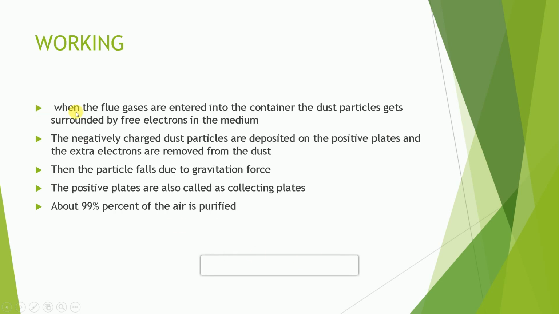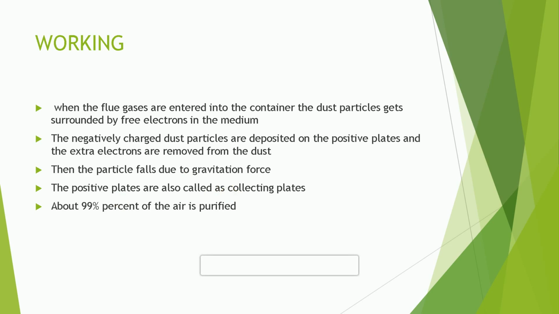As I explained before, when the flue gases enter the container, the dust particles get surrounded by the free electrons in the medium. The negatively charged dust particles are deposited on the positive plates, and the extra electrons are removed from the dust. Then the particles fall due to gravitational force. The positive plates are also called collecting plates. This chamber will purify the air about 99%.